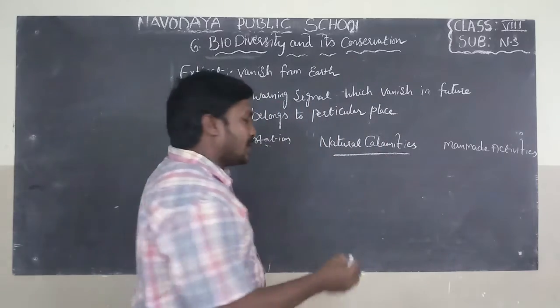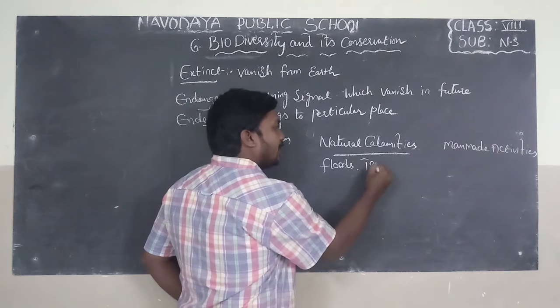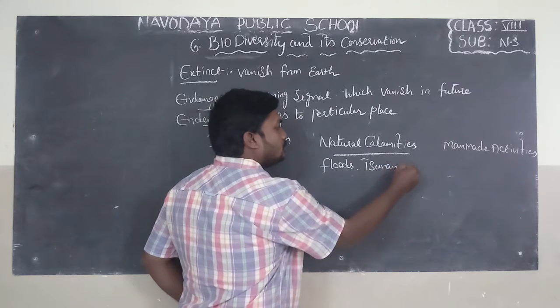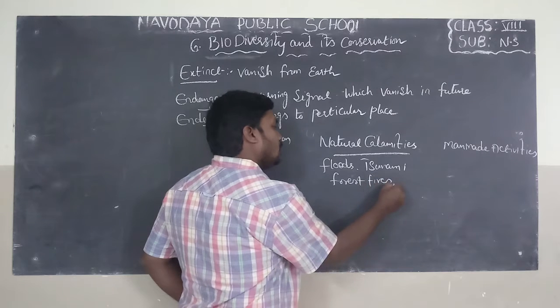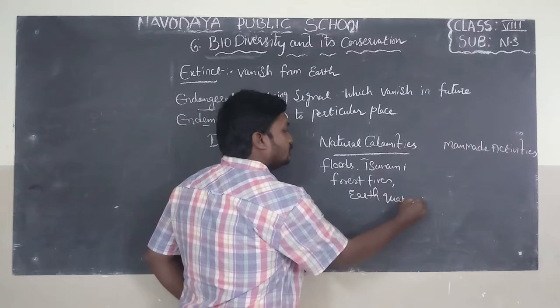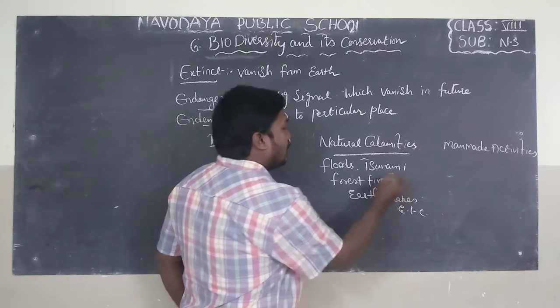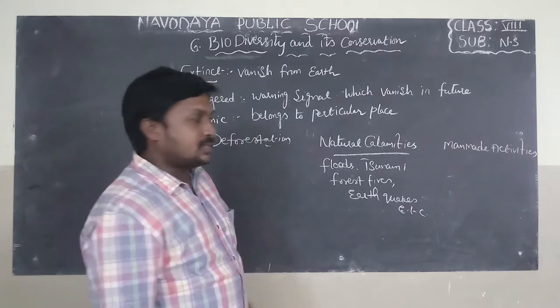Natural calamities like floods, tsunami, forest fires, earthquakes, etc. are natural calamities which destroy the biodiversity.